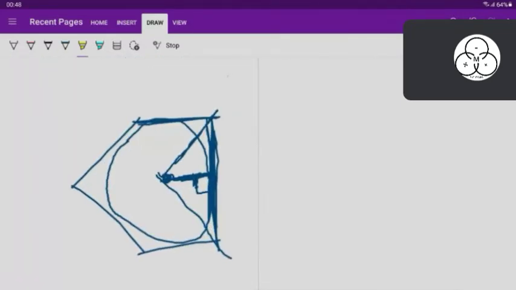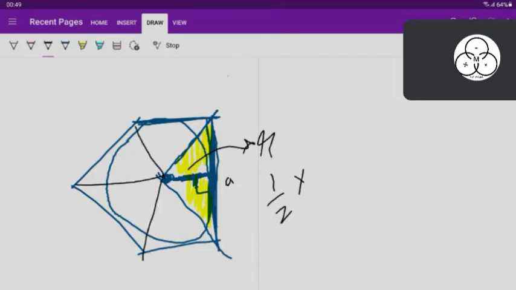Let me zoom in. And this is the radius. So half into the side, say this is the side. The summation of the sides will give us the entire area.